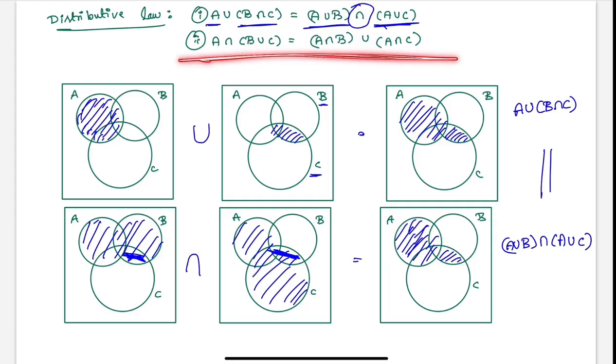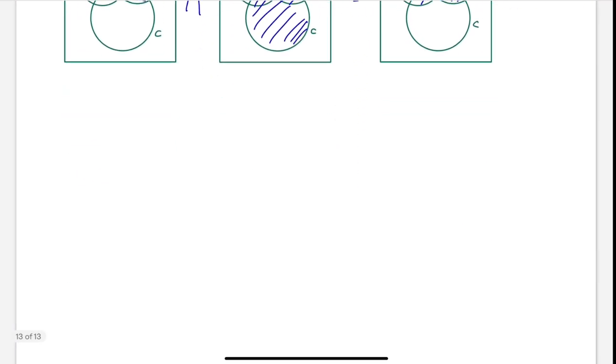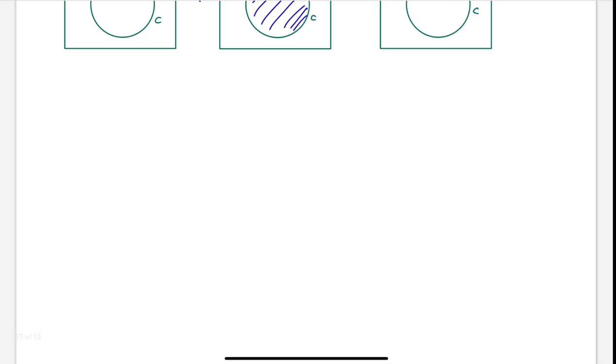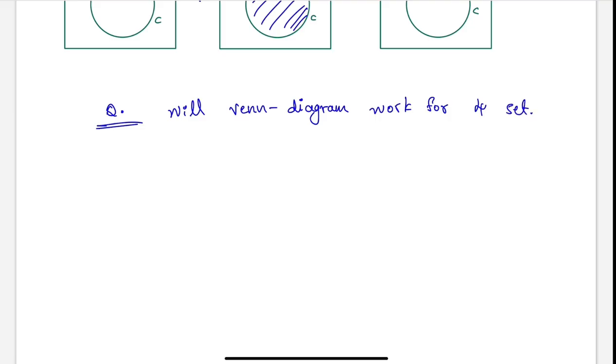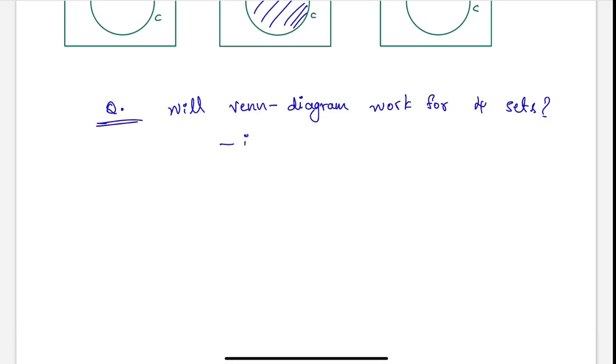So this is the distributive law of sets for union and intersection. Similarly, you can try the second one. It will also work. Try with Venn diagrams, it will be easier. One more question you can try: will a Venn diagram work for 4 sets? If yes, how?